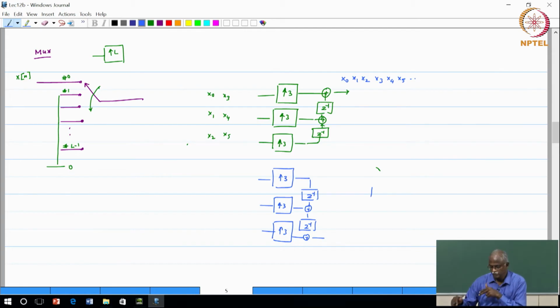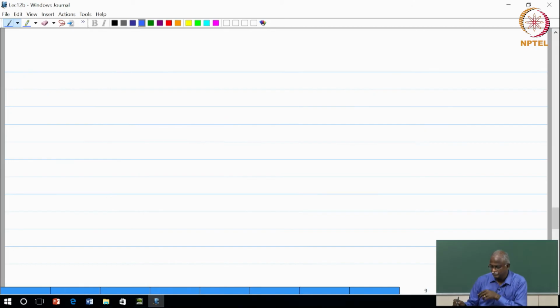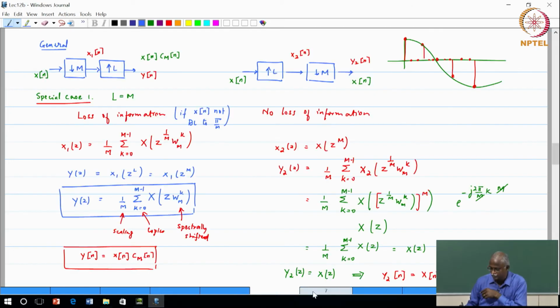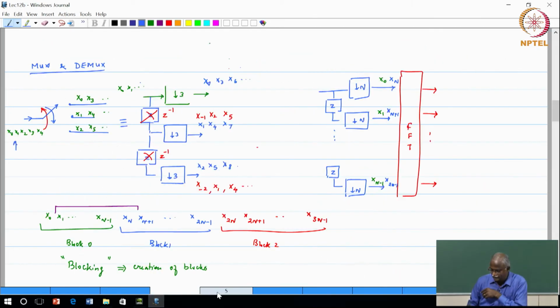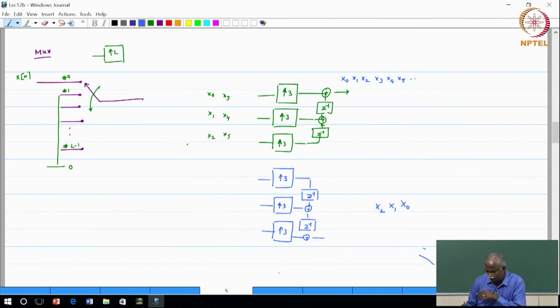X0, does this also produce the right thing? No, it actually x0 gets shifted by 2 units of time, right, x1 gets shifted by 1 unit of time, x2 does not get any shift, correct. This is not the right sequence in which we want, and therefore this is not a useful form.